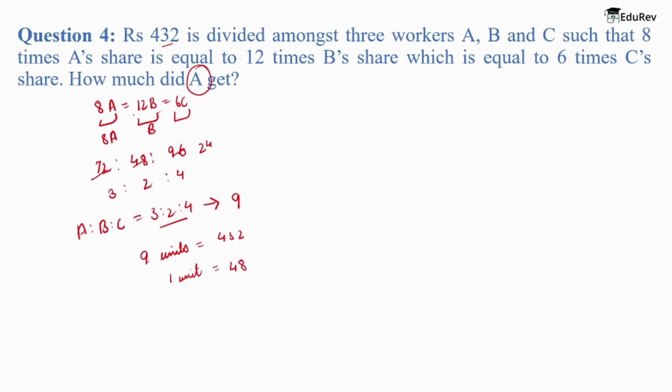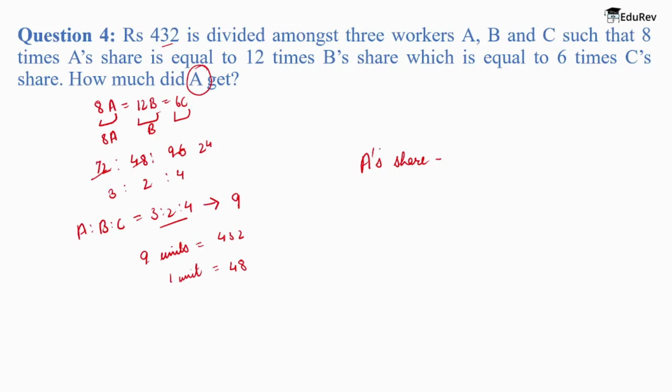So now we just have to calculate A's share, right? So A's share would be 3 into 48, which is equal to rupees 144.